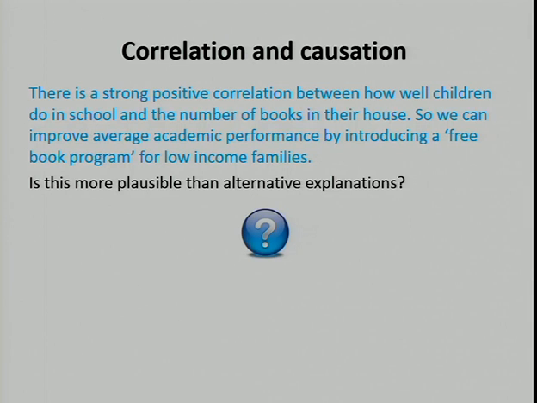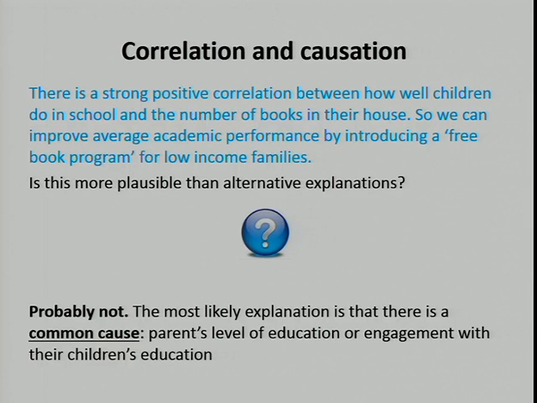These are both effects of something third, but not directly related to each other, such as parents' level of education or something like that. That would cause one to have higher performance and to probably have more books. So find different alternative explanations and compare them to each other. Which one is the best one? If they seem intuitively equally strong, then the causal claim is likely not a good one.